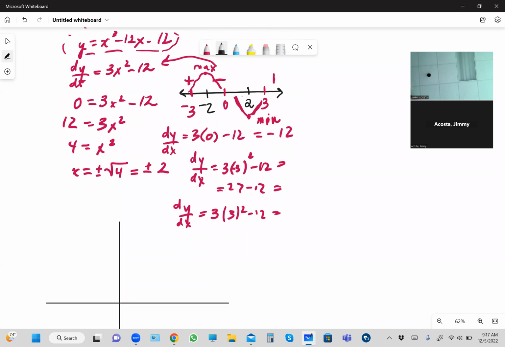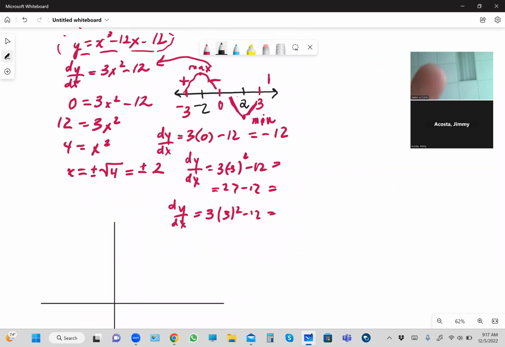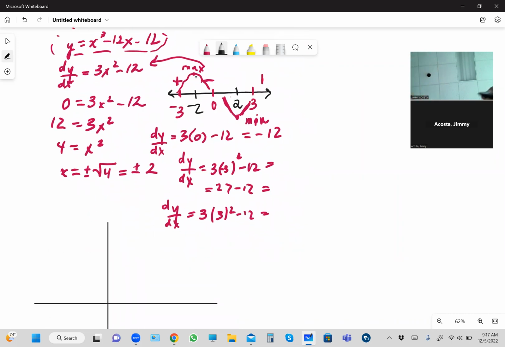So what we do is we find the values that correspond to the y. So y equals x to the third minus 12x minus 12. Already I can tell that 0, -12 is my y-intercept, right? I'm going to substitute x equals 2.